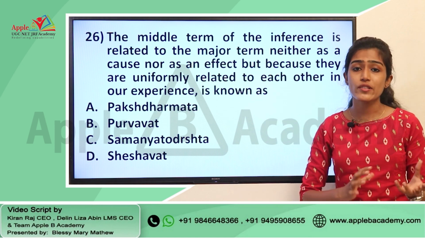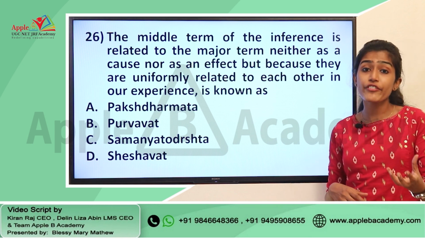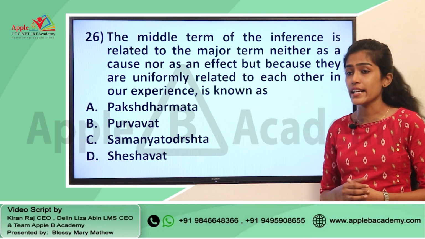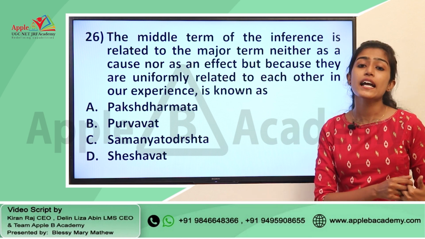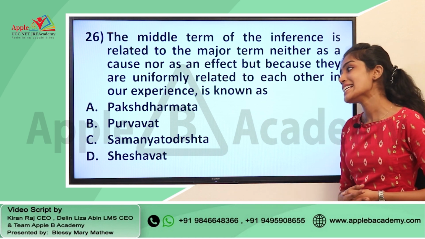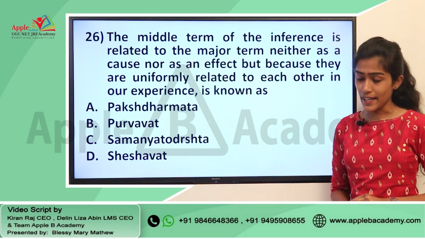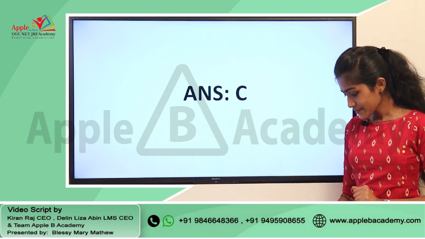It is not a cause and effect relationship, but they are related in such a way that they are uniformly related in our experience, and this uniformity that we have experienced in our past is what leads us to the inference. So, that is option C, Samanya Drishta Anumana. So, the right answer for this question is option C.